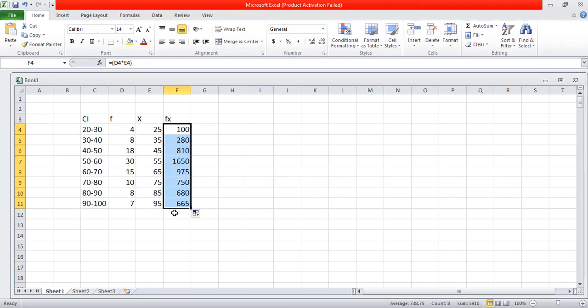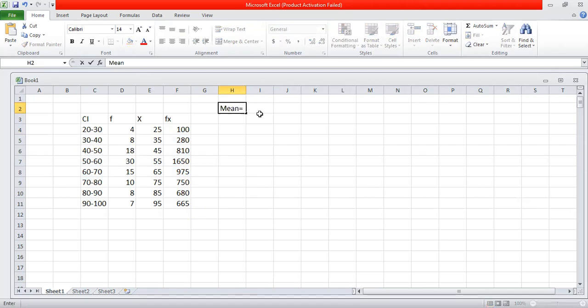Next, what is the formula for mean? 1 by n summation fi xi. So equals to, I have to get the n value and the summation fi xi value. What is n actually? N is the total frequency. So you calculate the sum of all these frequencies.